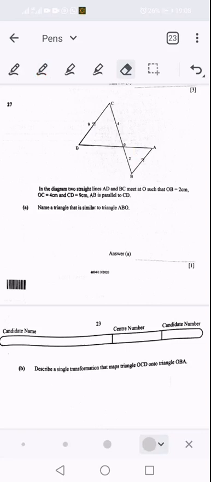So question A says name a triangle that is similar to triangle ABO. The word similar there means a triangle that is equal in angles. So listen now.